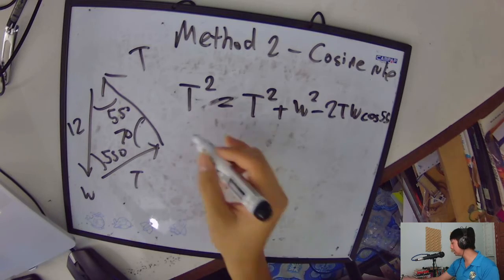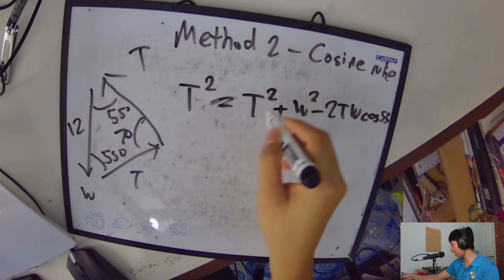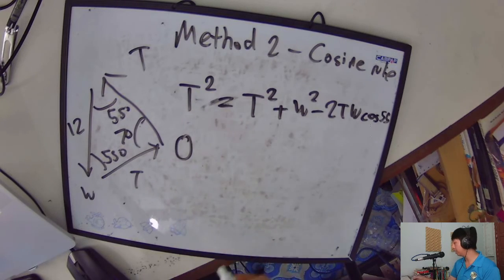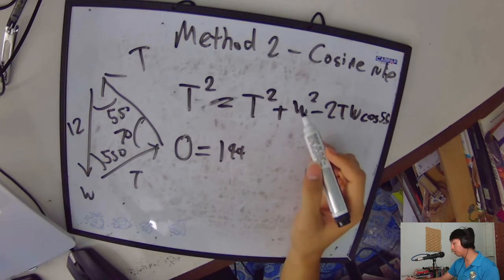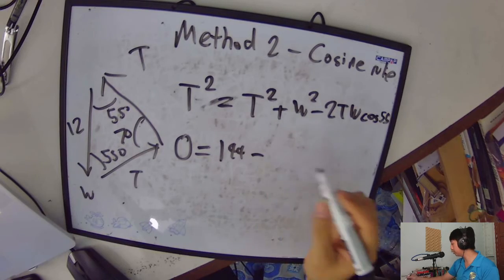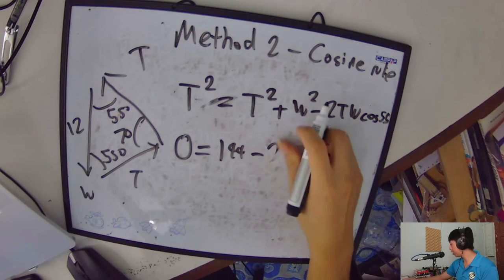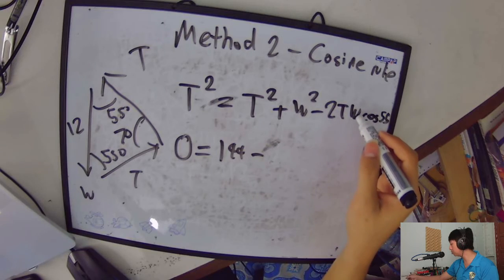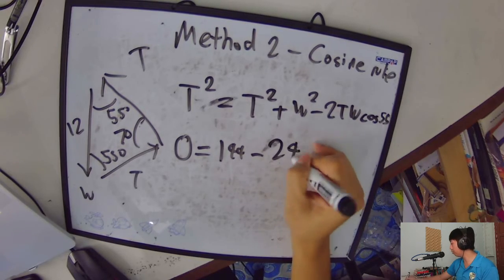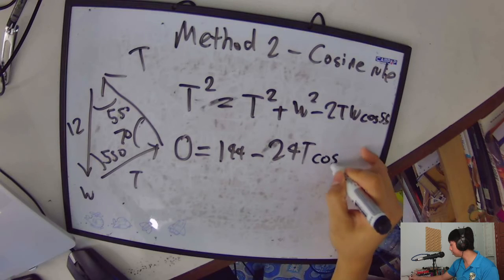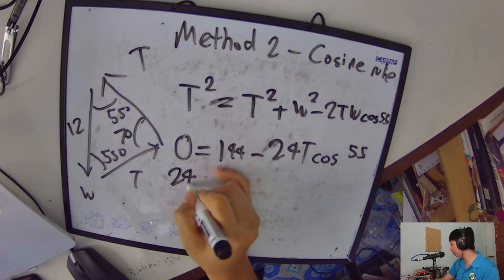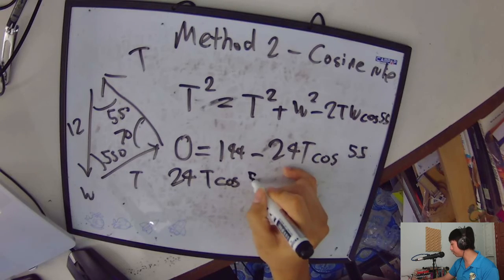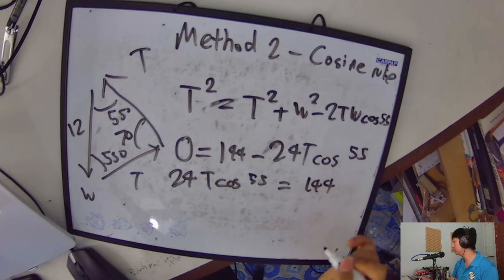What I did was, this T, I move it over to this side, so we get 0 equals 144, because W equals 12 and 12 square is 144, minus 2 times T times 12, so 24T cos 55. Now 24T cos 55 equals 144.